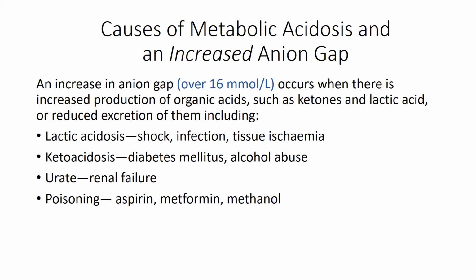Causes of this could include lactic acidosis due to shock, infection, or ischemia of the tissues, or ketoacidosis, often seen in diabetes mellitus when it's out of control, or alcohol abuse. Raised urates in renal failure is also a cause, and poisoning with certain drugs such as aspirin or metformin or methanol are also a cause.